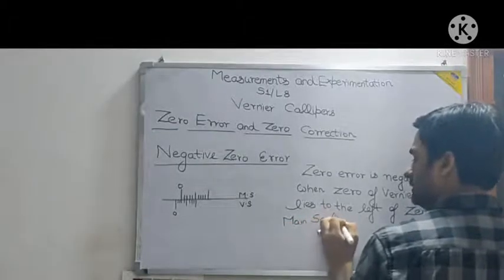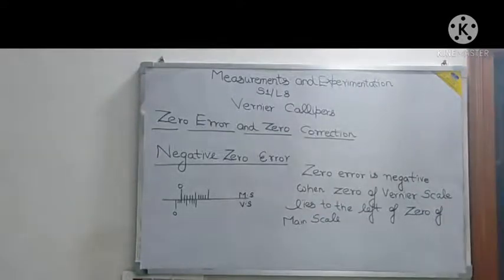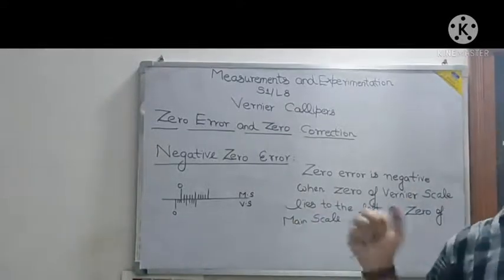That means the zero of the vernier scale lies to the left of the zero of the main scale.